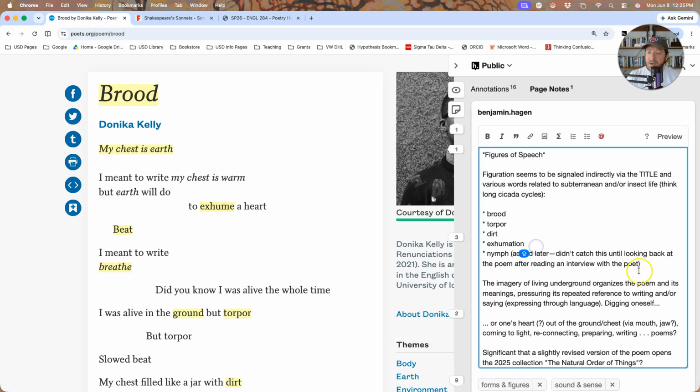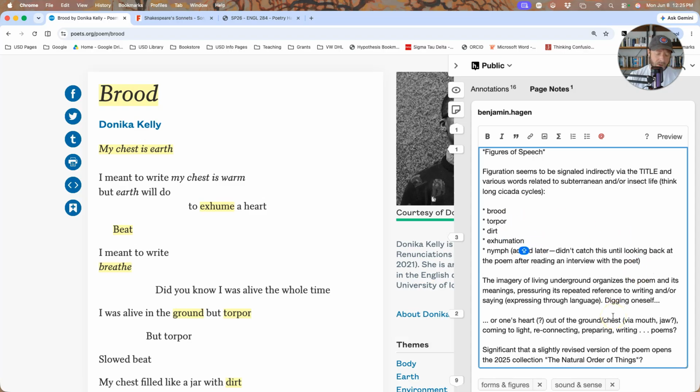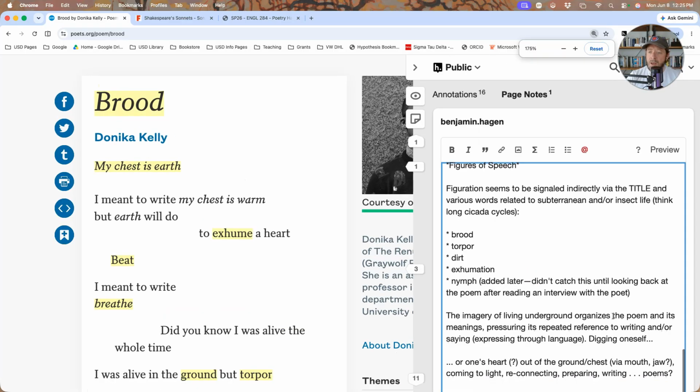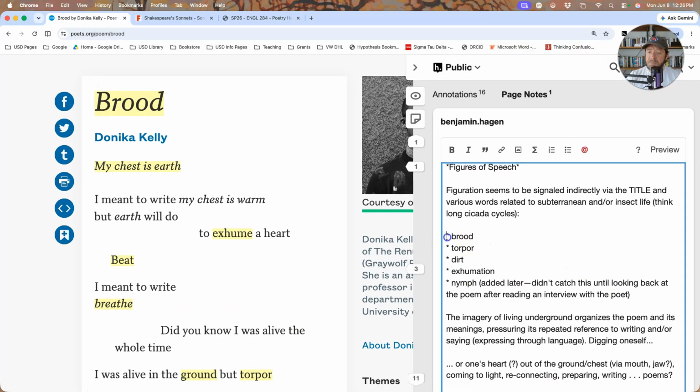And as I say in my notes here, which I might make a little bigger, the title does connect up with some of these other terms that seem related to subterranean insect life or subterranean cicada life.